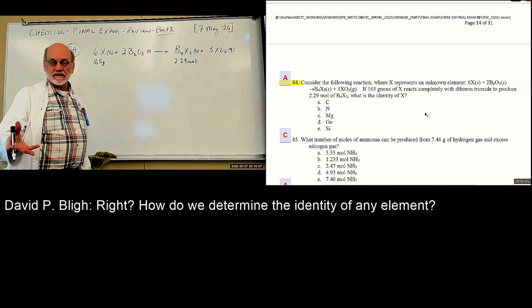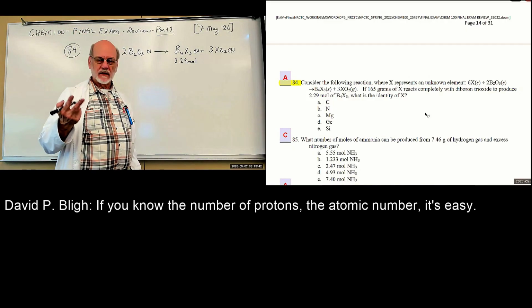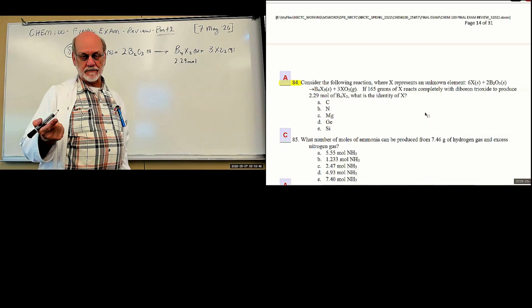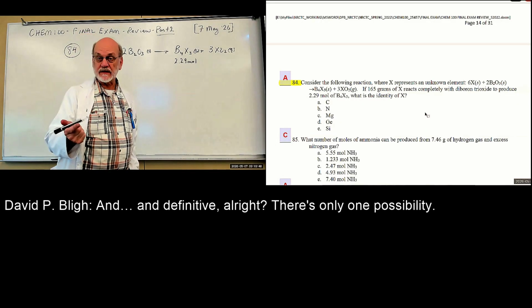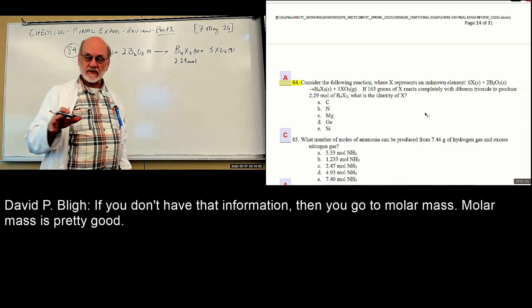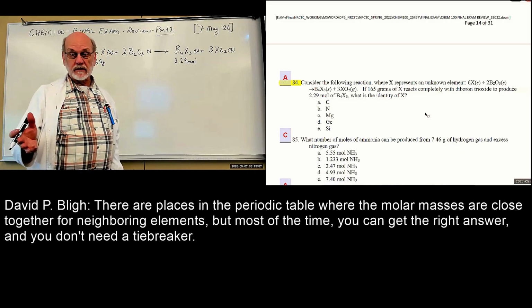How do we determine the identity of any element? You have two choices. If you know the number of protons, the atomic number, it's easy and definitive. There's only one possibility. If you don't have that information, then you go to molar mass. Molar mass is pretty good.